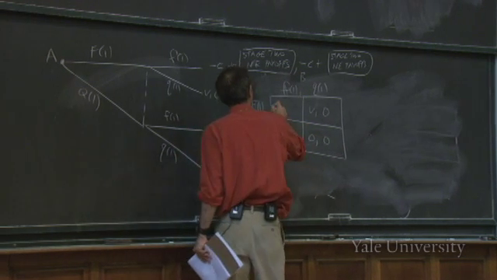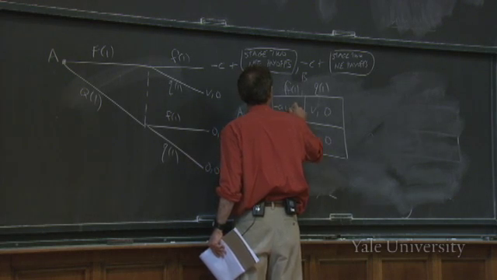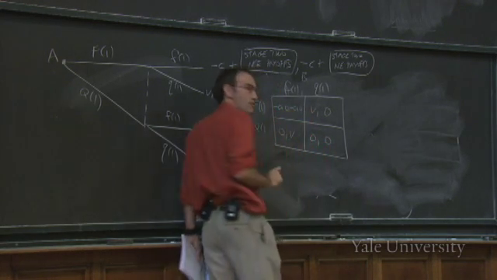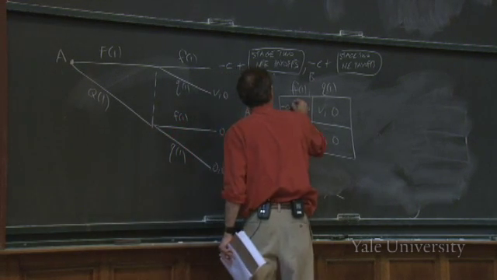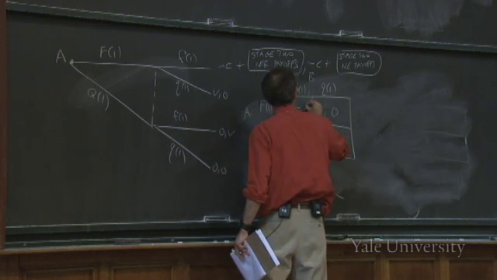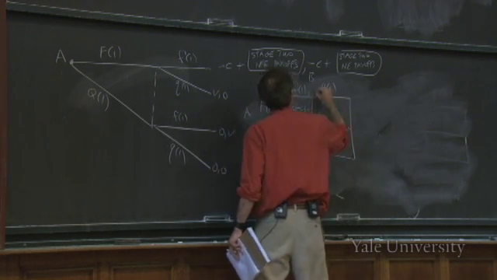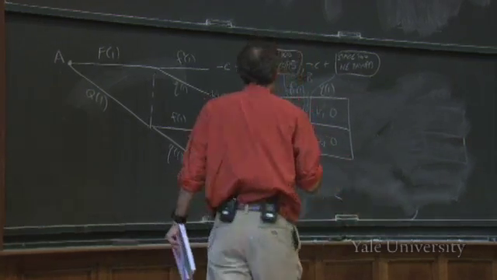And in this box now, we've got minus C plus 0 and minus C plus 0. So it's exactly the same box we saw before, but now the continuation payoffs are just 0.